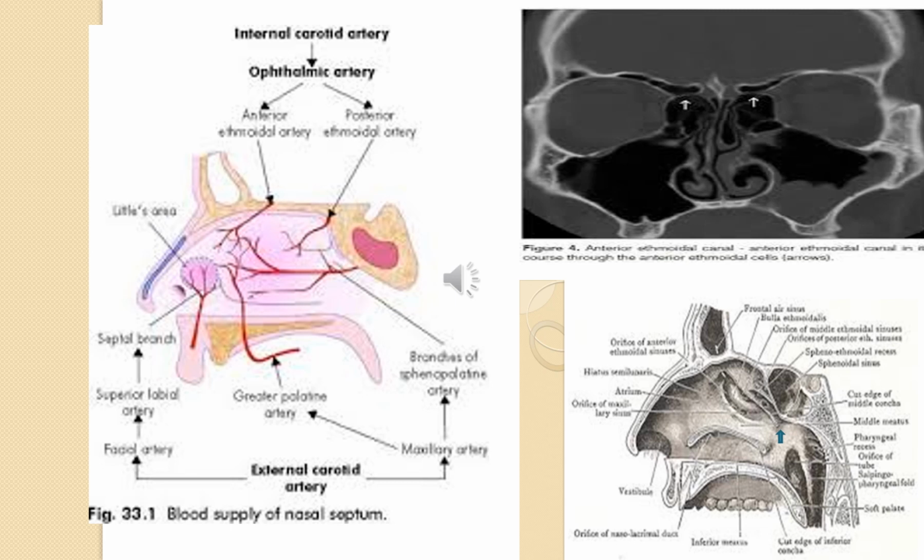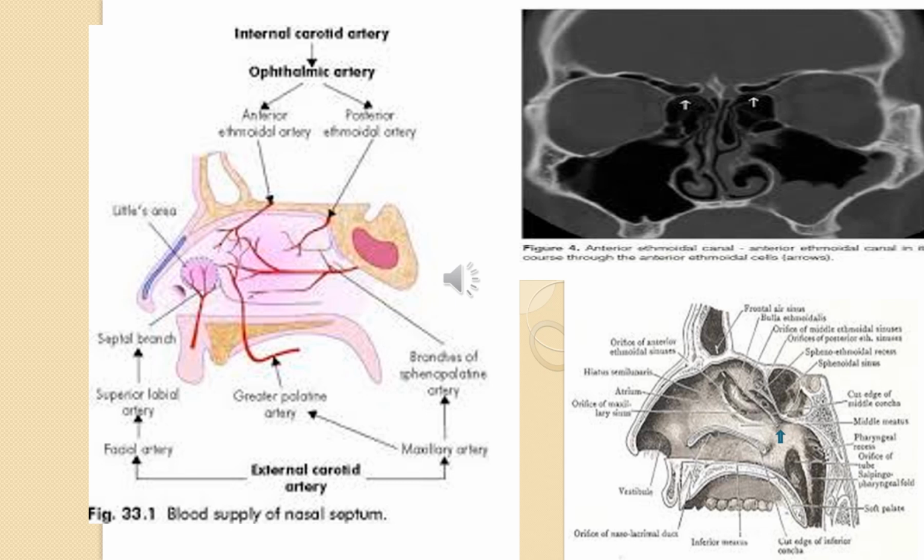And it also gives a septal branch which passes along the anterior wall of the sphenoid, then makes a U-turn and goes along the nasal septum anteriorly to give blood supply to most of the nasal septum till it reaches Little's area. It has another name, the artery of hypertension, and it is responsible for what's called posterior epistaxis.